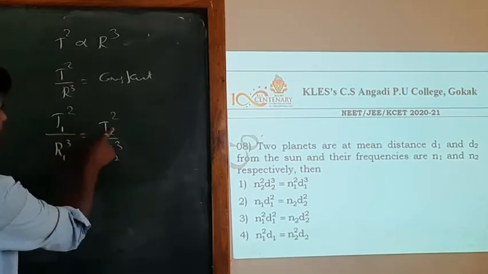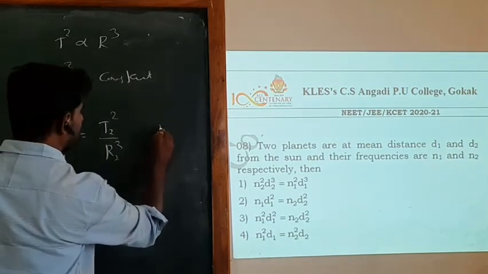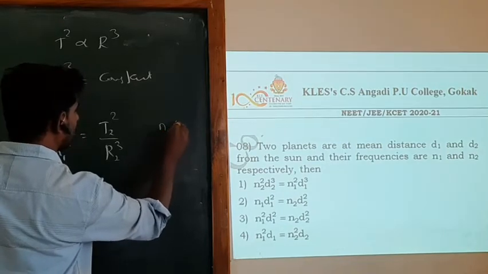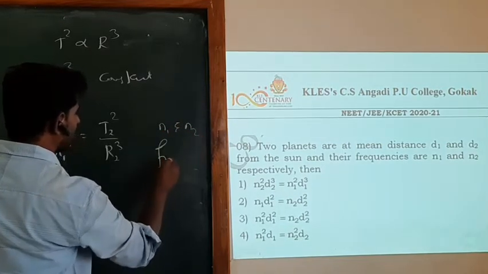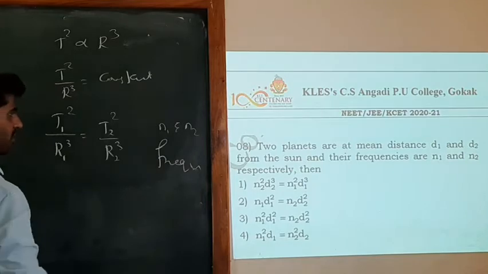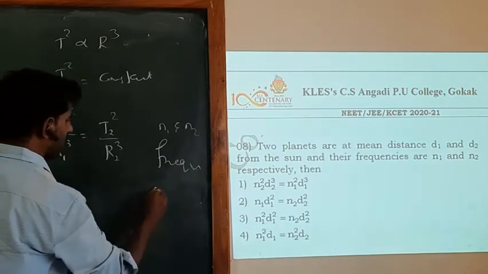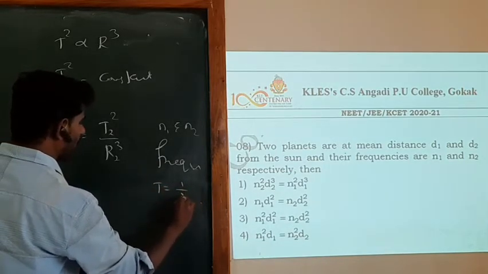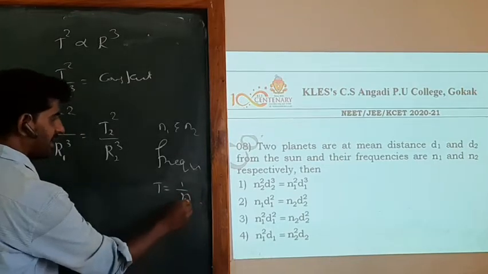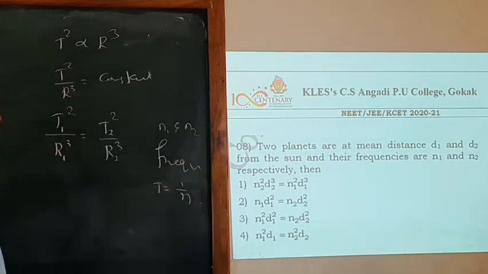So this thing is a time period. They have given n1 and n2. What are n1 and n2? n1 and n2 are frequencies. So what is the relation of the frequency with the time period? We know T is equal to 1 by f or 1 by n. Here they have given the symbol n as a frequency.